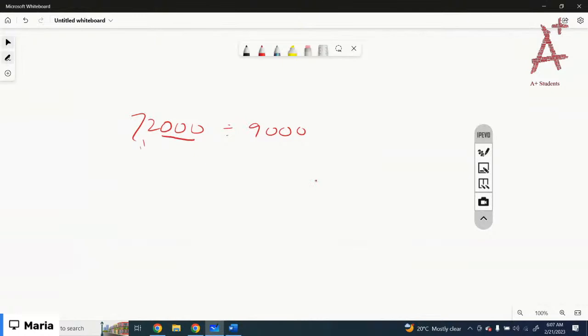Both of the numbers have the same number of zeros. So you can cancel out all the three zeros and all the three zeros. You are left with 72 divided by 9. Got it? So 9 times what number is 72? Yes, very good. 9 times 8 is 72. So the correct option is 8. Very good.